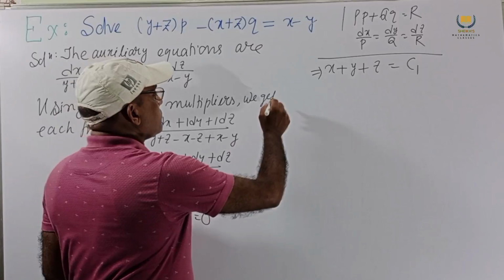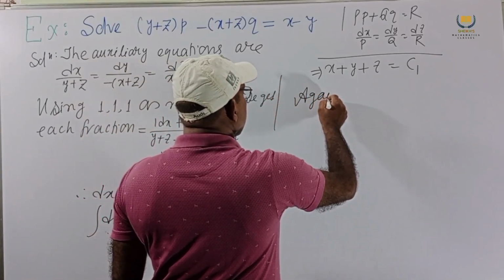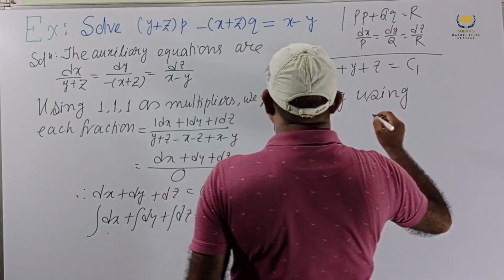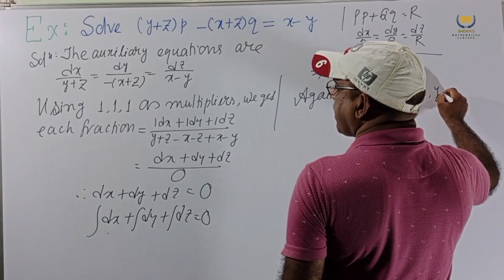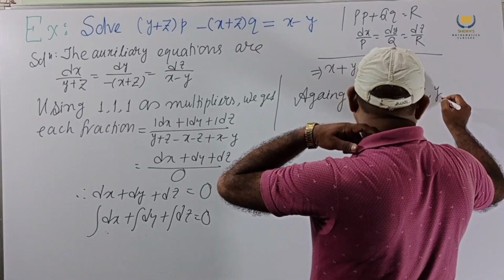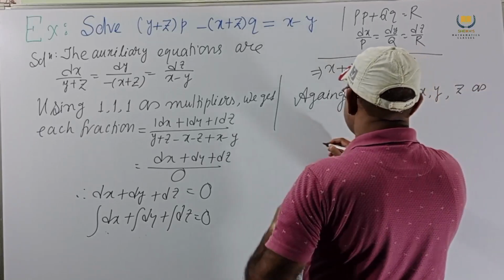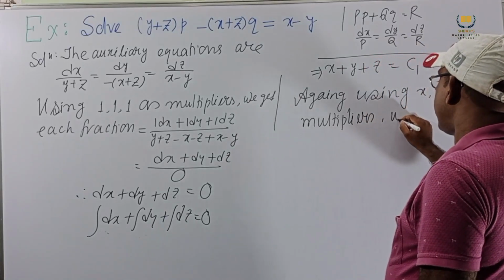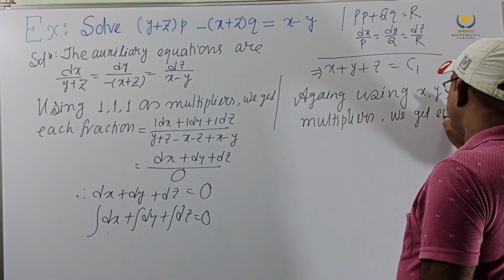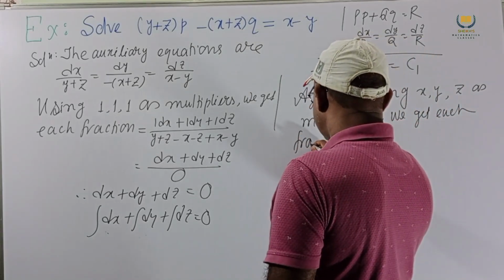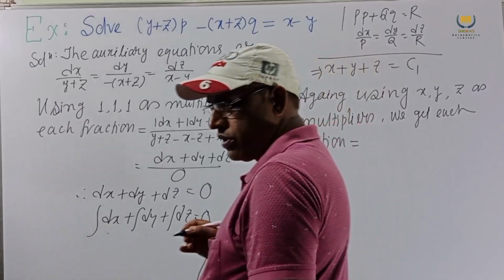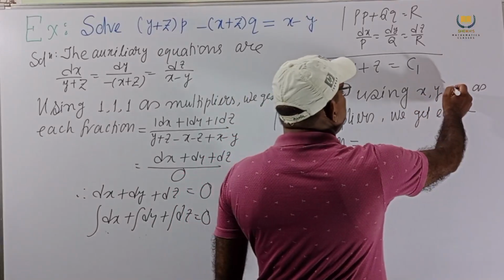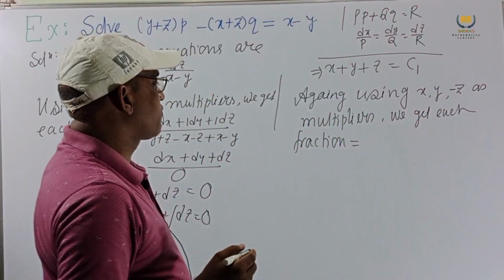Again, using x, y, minus z as multipliers, we get each fraction.